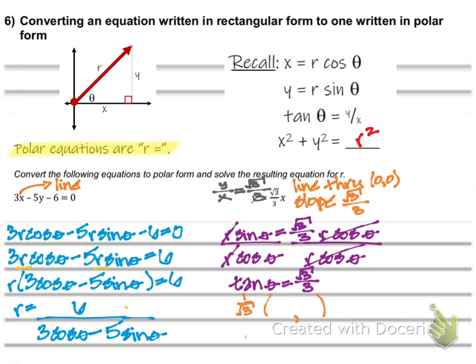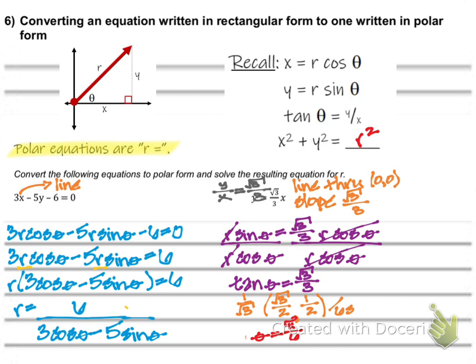So if that's the case, the y must be 1/2, and the x must be root 3 over 2. And this is true for my family of over 6s. So this is theta equals pi over 6.